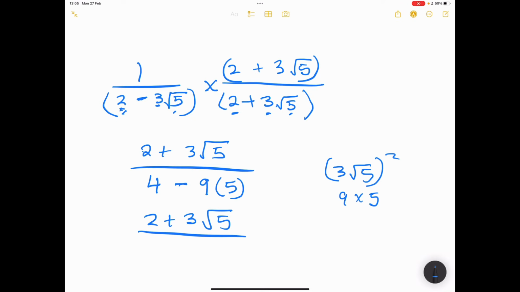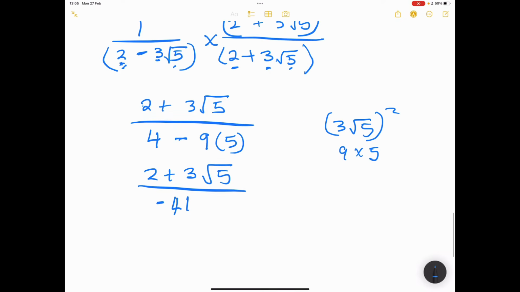Yeah, that should be 45. Okay, so 4 minus 45 in this case, that would simply give us negative 41, right? Yeah, negative 41. And of course, if there is a way for you to simplify this, of course you can. You're more than welcome to do so.